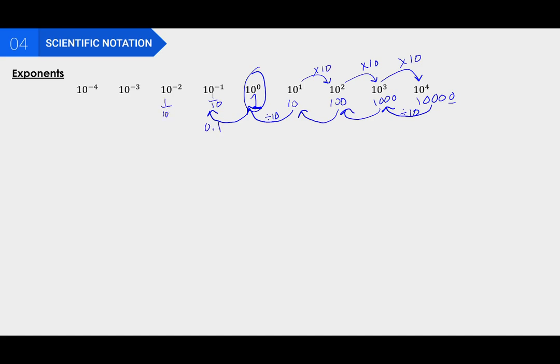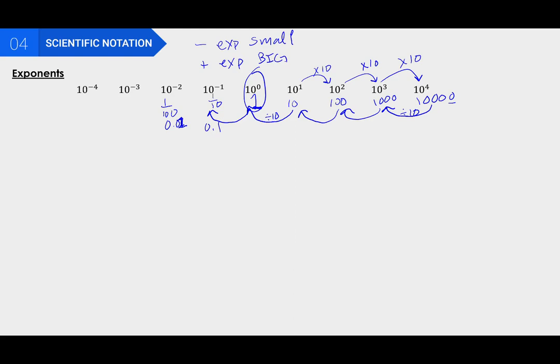Keep going, 1/100th, 0.01. So as I go to the left with the negative exponents, I get smaller and smaller and smaller, and less than 1. So negative exponents mean there is a small number, a fraction, and positive exponents mean we're talking about a pretty big number, bigger than 1.